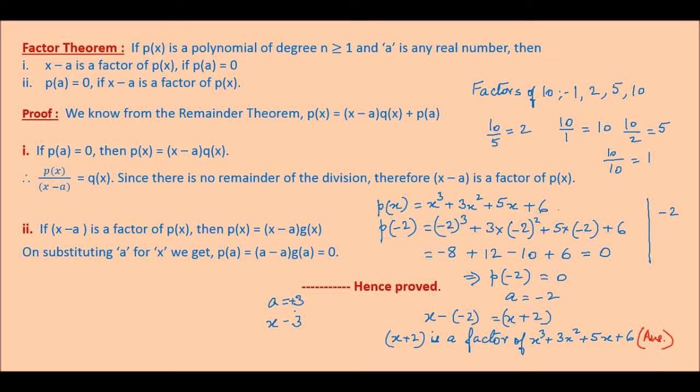If it is a plus 3, change the sign, put a minus. First write the variable present in the polynomial, then whatever is the a value, just change the sign and write it. If it is a plus 3, write minus 3. If it is a equal to minus 5, write x plus 5. Whatever is the sign present over here, just change the sign and put it next to the variable present in the polynomial, and you will be getting the linear factor.